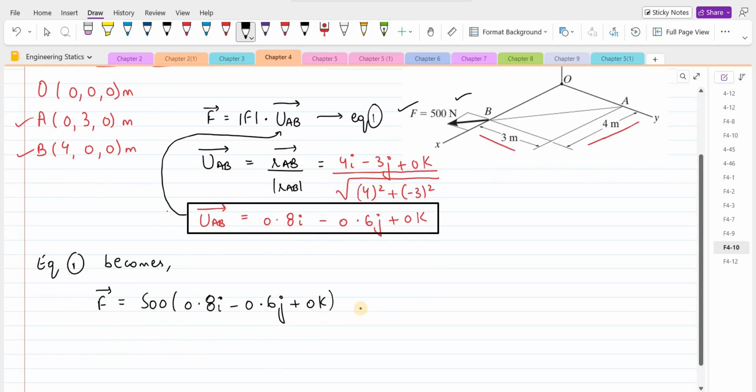Upon simplification, the force F in Cartesian vector form becomes 400i minus 300j plus 0k.